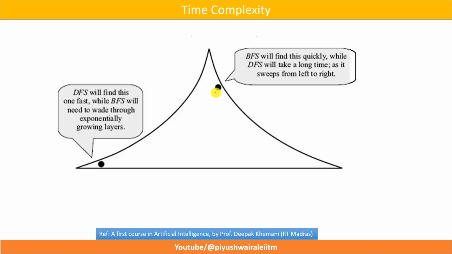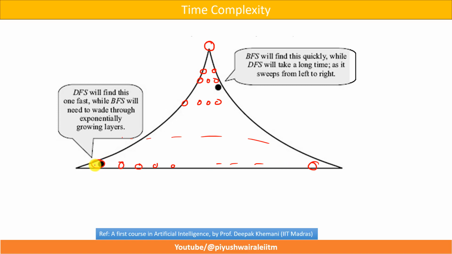So here also we have considered this. Now let us assume that this is our root node, and we have nodes at each level like this, like this, like this, at this level also, and here also, till here. Now looking at this particular graph, what can we say?